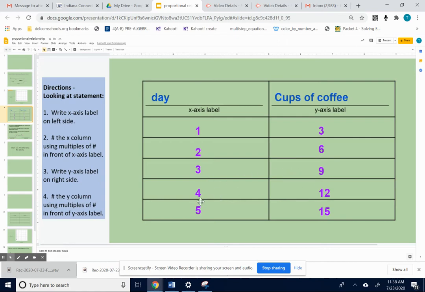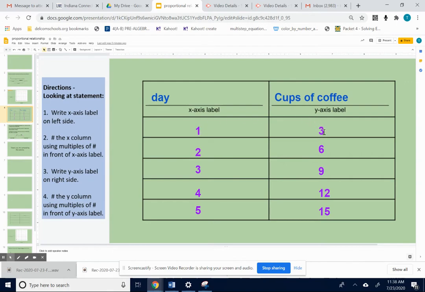Okay, so to find an equation, think about the relationship. The y values, the numbers on the right, are always some number times as big as the numbers on the left. That's always going to work out in this type of relationship.